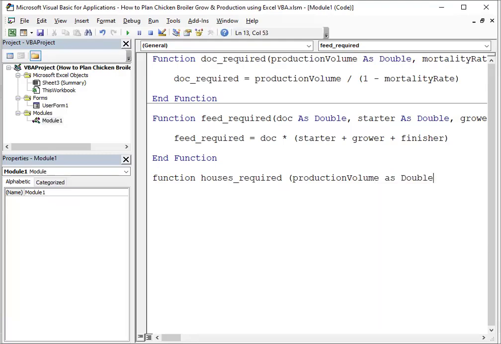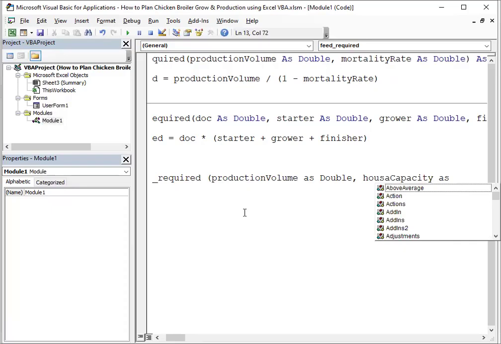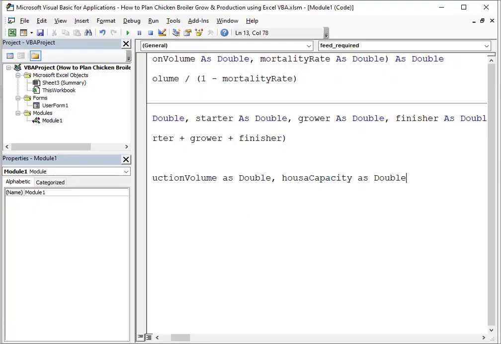Then house capacity: how many birds are going to fit inside the house, 20,000, 30,000, as double.